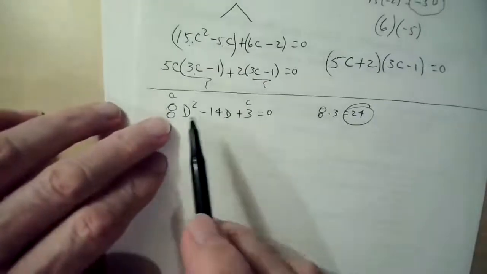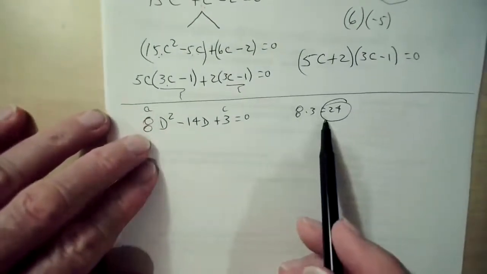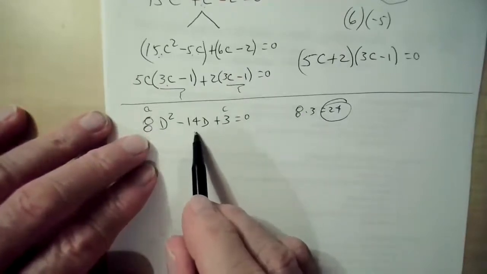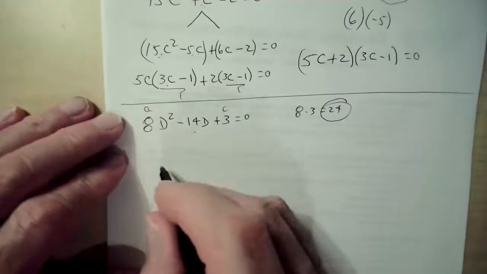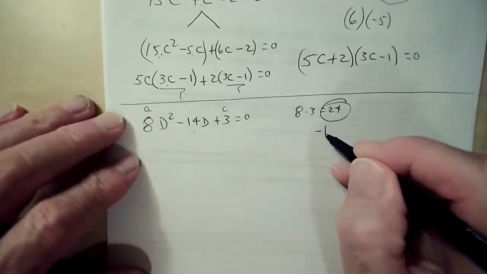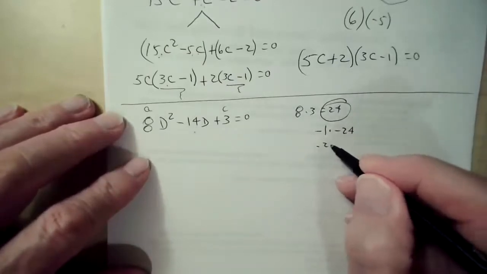Okay, does everybody see what we're doing here? We do 8 times 3 is 24. Now we want the factors of 24. Now look, the linear term is negative. So it's going to be negative 1 times negative 24?